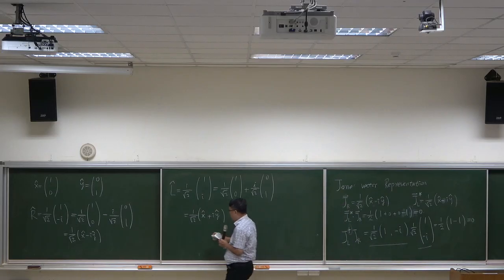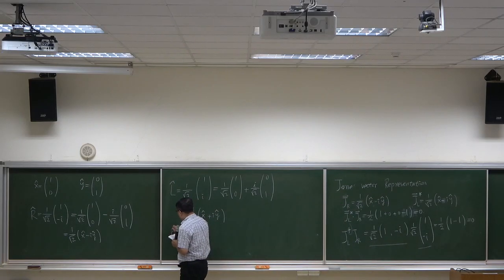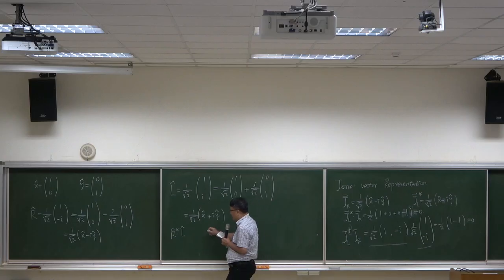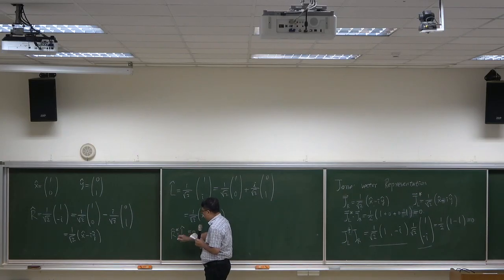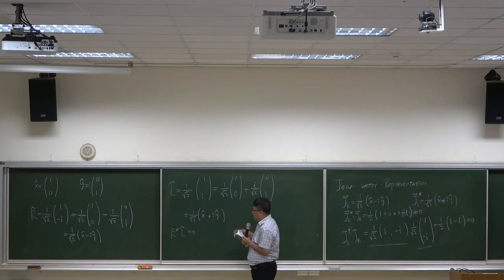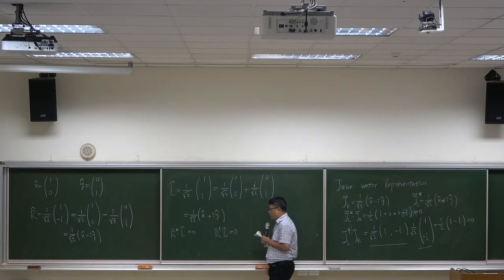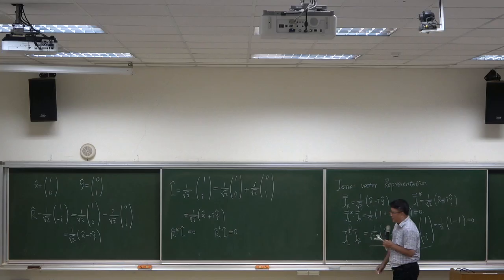So you see that you can check the result. This is using the vector notation. If you use the matrix notation, you can write the result as R dagger L equal to 0.